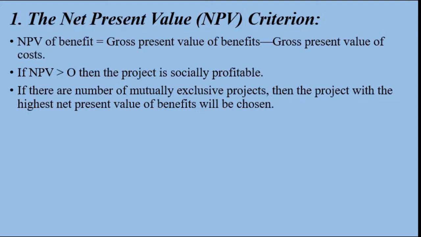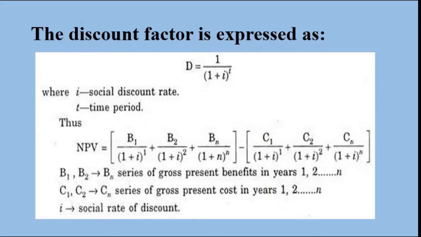So it is very important to discount future benefits and costs, because society prefers present cost and benefit to the future cost and benefit, and this can be explained with the following discount factor.